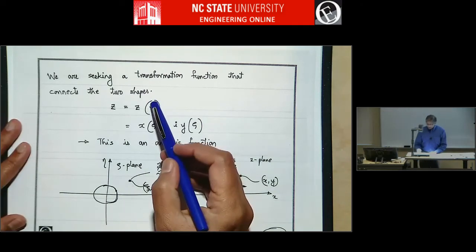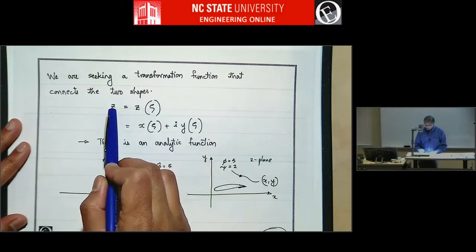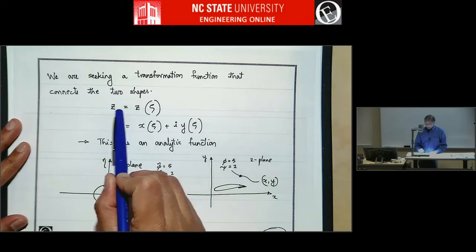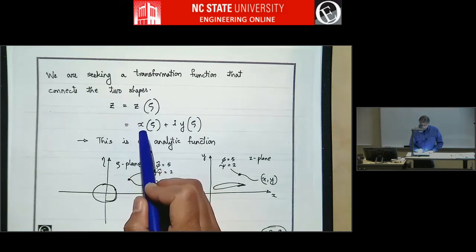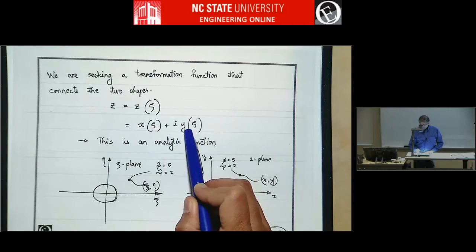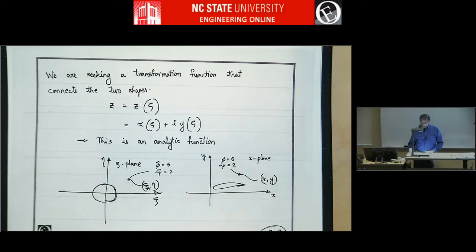So zeta plane is the circle plane, z plane is the airfoil plane, and so we want to see if we can find z as a function of zeta. Or in other words, z is x plus iy, so x is a function of zeta and y is a function of zeta. And so this has to be an analytic function.